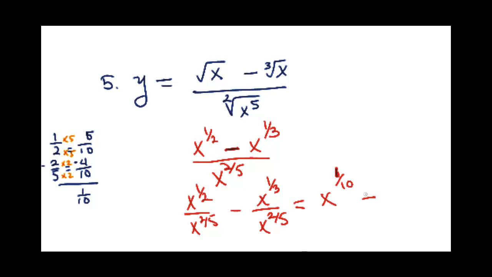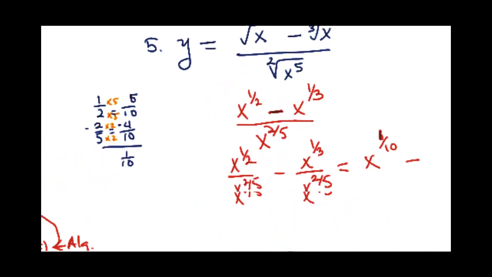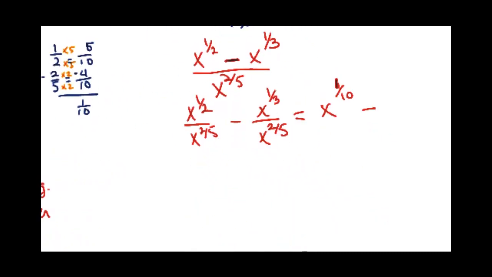And then let's see what happens with the 1/3 and 2/5. Oops, we don't need the x's when we're doing this, sorry. It's 1 o'clock in the morning. Oh, no, not 10 this time, 15.